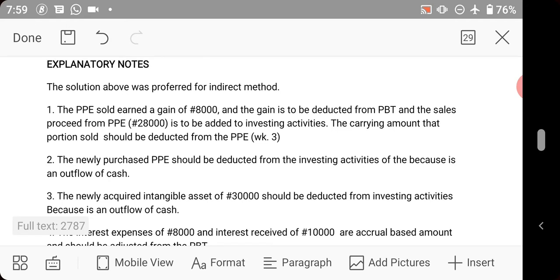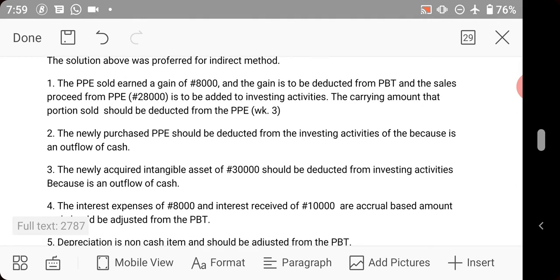The PPE sold earned a gain of 8,000, and the gain is to be deducted from profit before tax, and the sales proceeds from PPE are to be added to investing activity.